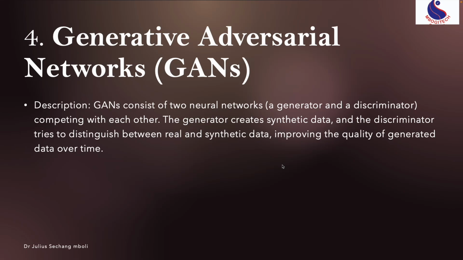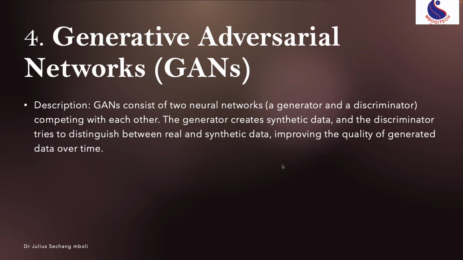The generator generates fake images but tries to fool the discriminator that this is a real image, and then the discriminator says, no, this is not a real image. But in the process, the generator is learning from the discriminator's feedback, therefore improving the quality of the generated data over time.